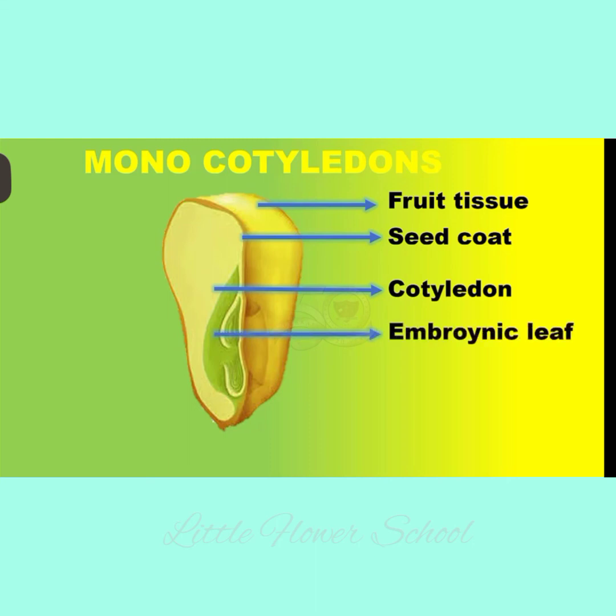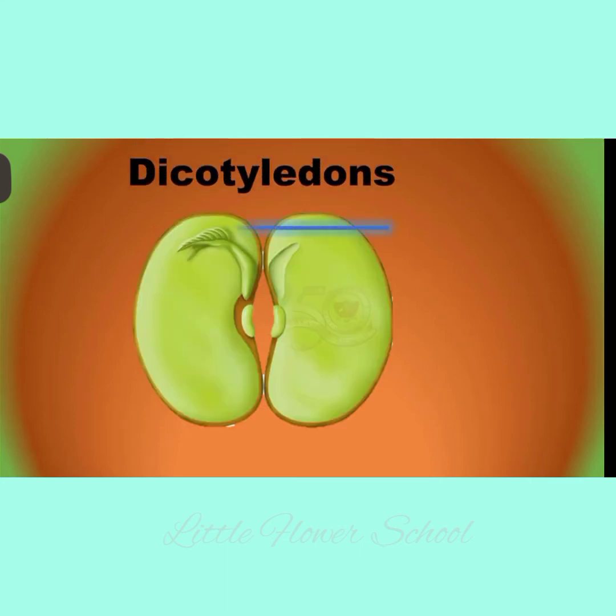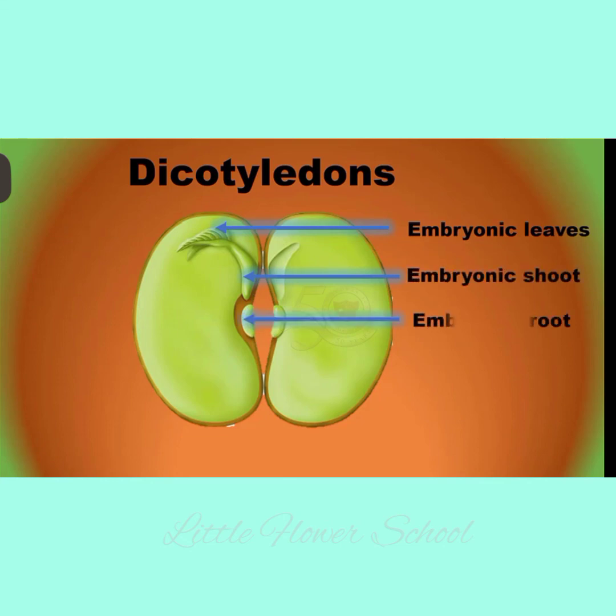Embryonic leaf and embryonic root. Embryonic leaves, embryonic shoot, embryonic root with two cotyledons covered by seed coat.